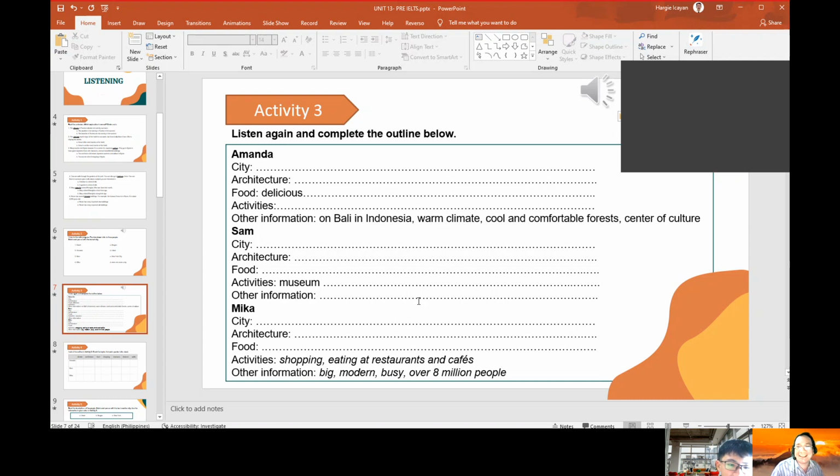Adobo. It's like spicy chicken. It's a chicken, and then there would be a lot of spices to put in there. There would be soy sauce. There would be vinegar. A lot of spices you can put in there. Okay, and then saute. You can saute the garlic, the onions.